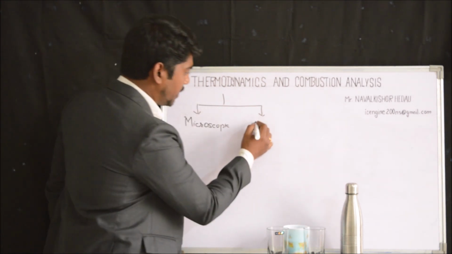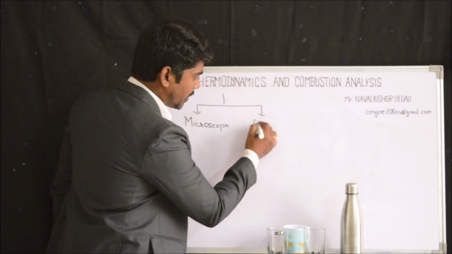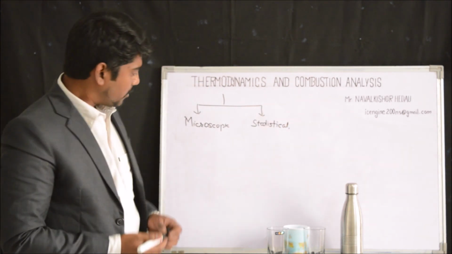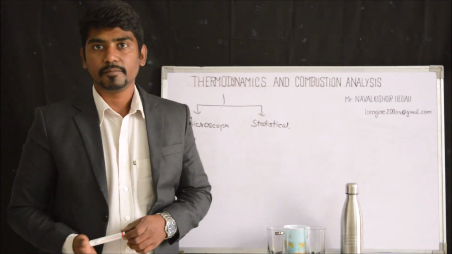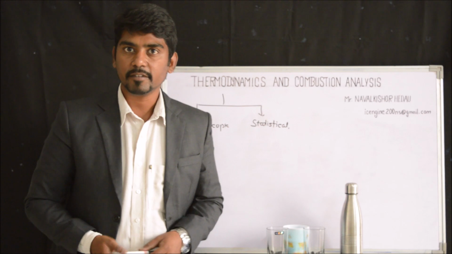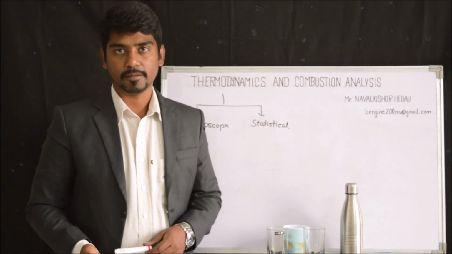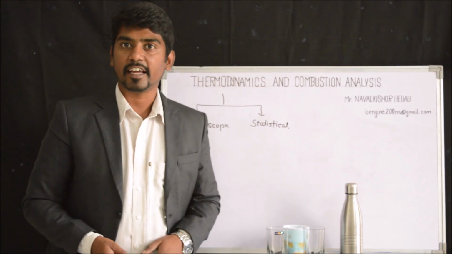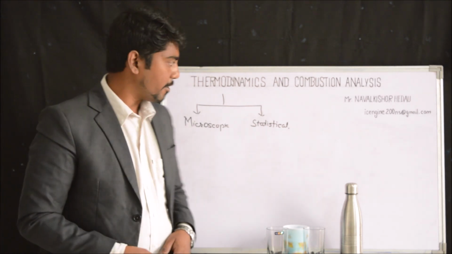So there is a difference in analytical approach. Microscopic approach when considered makes the analysis a complicated one, and statistical approach when considered makes the analysis very simple. So depending upon our need, we can go for any type of analysis that is desirable.